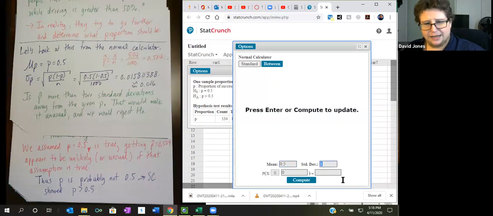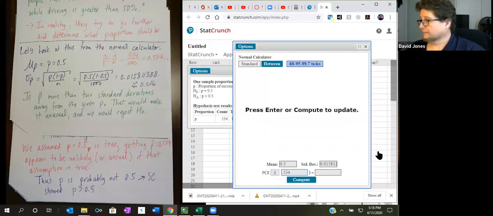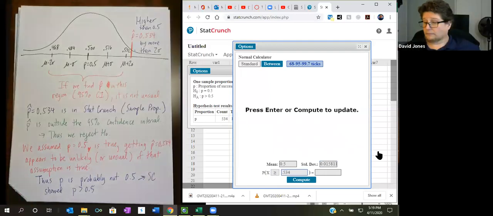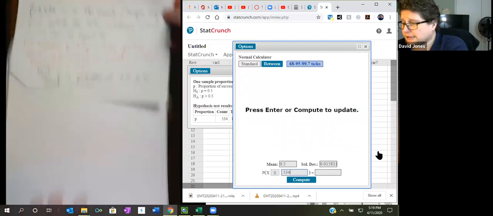The standard deviation was 0.015811388. And we're looking at the probability that X is greater than 0.534.